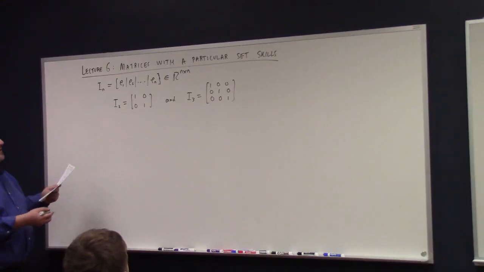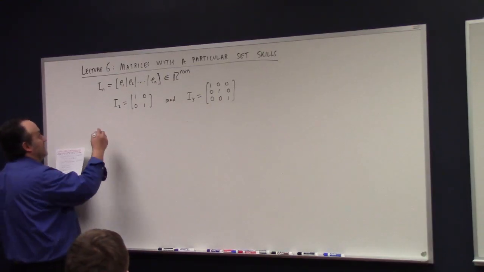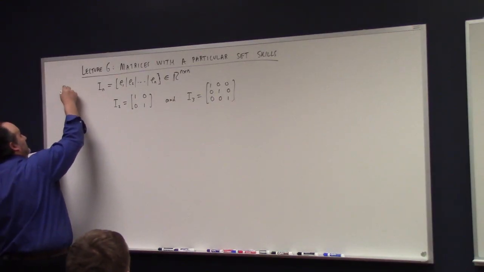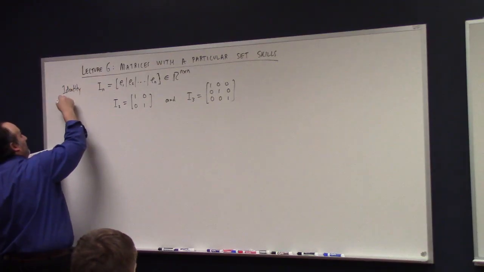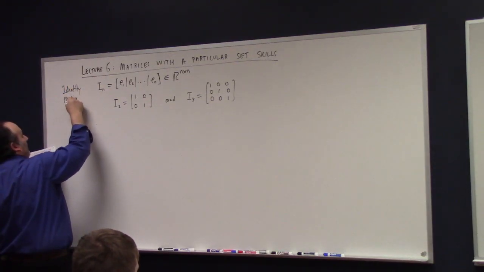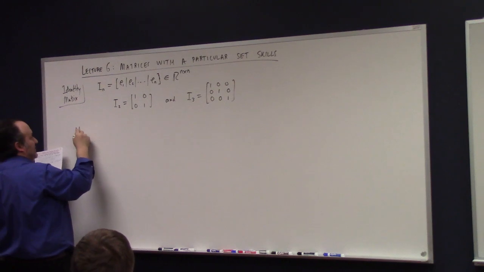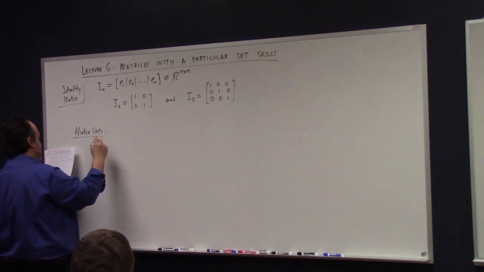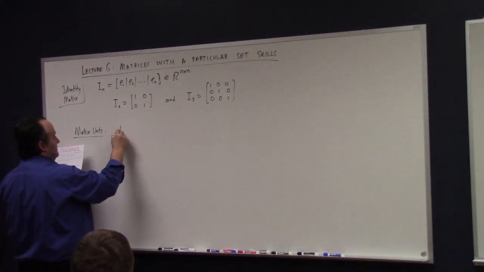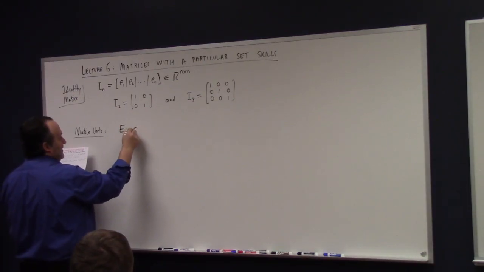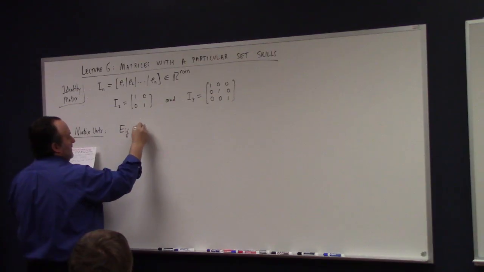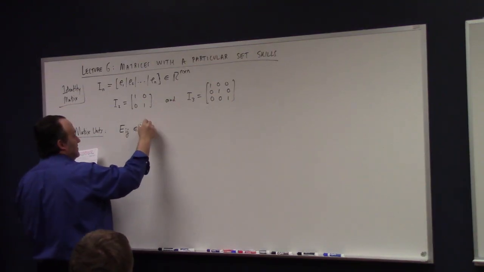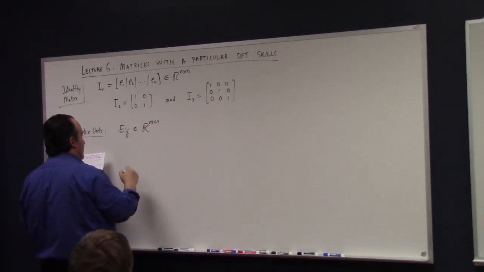I've also talked a fair amount about the matrix units, right? So this is the identity matrix. We also talked about matrix units, which is a kind of funny term in the sense that sometimes we use the word unit to mean something has a multiplicative inverse, but these are not like that.